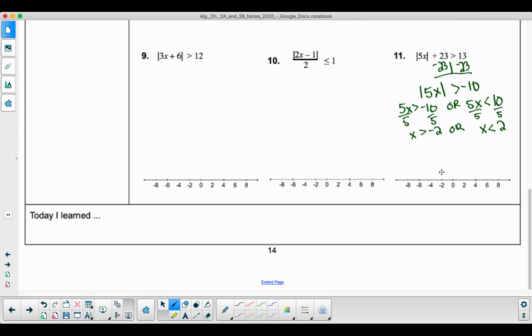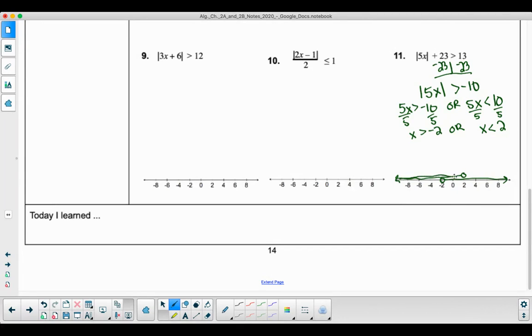All right, so this one, it helps to look at the graph to see what's going on. So x is greater than -2, so open circle at -2, going to the right. Then x is less than 2, so open circle at 2, going to the left. Now, if you look, really any real number is going to be able to fulfill this situation.